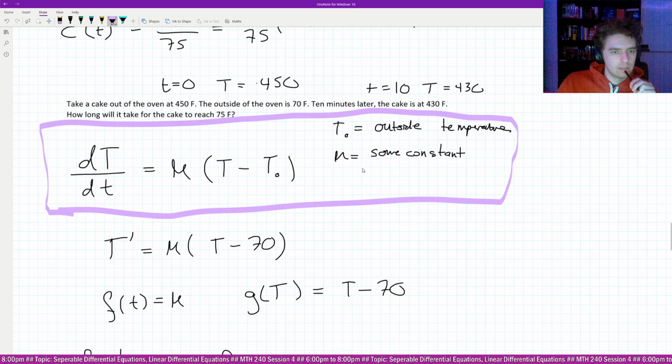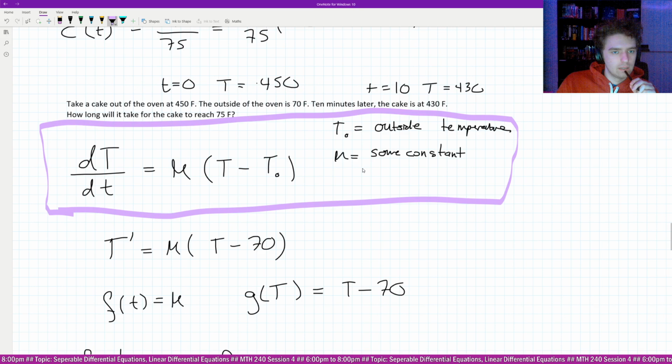Log rules now. This is going to be ln of negative ln 5 over ln 5 plus c ln 5 equals 0. This is just 1, of course.